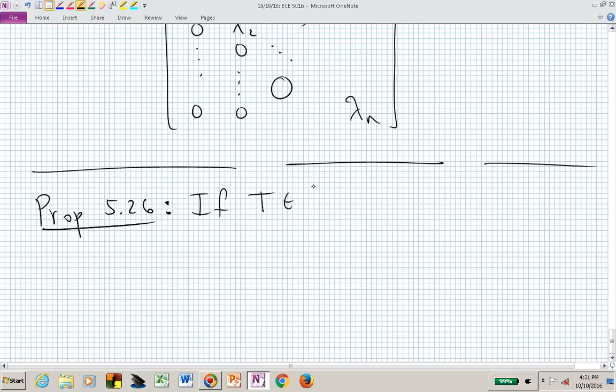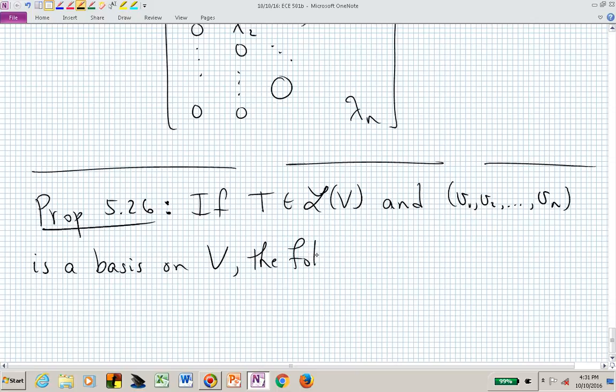If T is a linear operator on a vector space V, and we have a basis V1, V sub 2, up to V sub n on our underlying vector space V, which is the same vector space for our input and our output vector space, the following statements are equivalent.